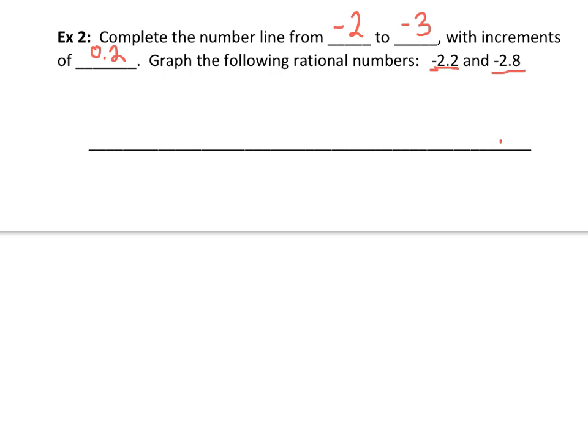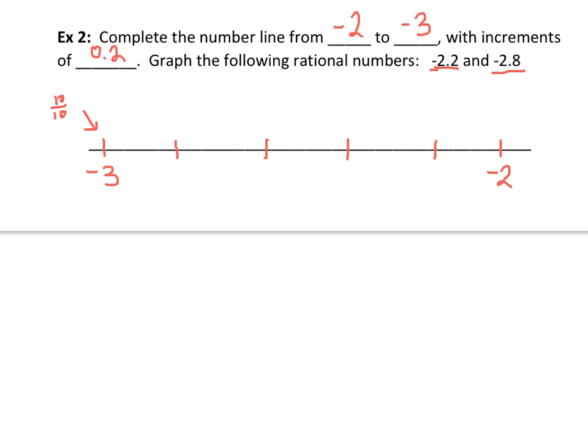So I'm going to start with -2 on the far right, because I know that -2 is larger than -3. And in between, I'm going to create increments of 2/10. So here's 2/10, here's 4/10, here's 6/10, here's 8/10, and then 10/10 would make my whole number, or my integer.